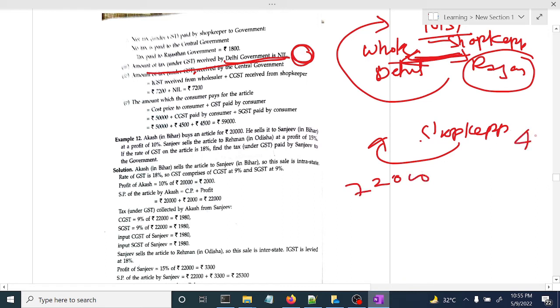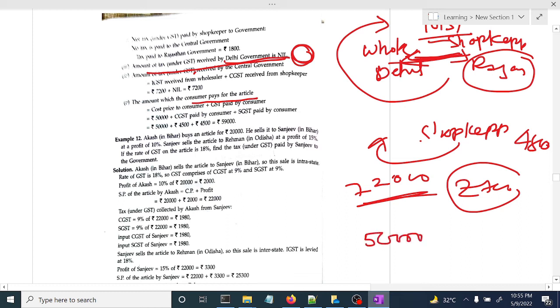He received 4500 only, right? So actually he paid 2700 rupees extra. The amount which the consumer pays for the article is very straightforward: 50,000 plus two GSTs, SGST and CGST, so 59,000 rupees is the amount paid.